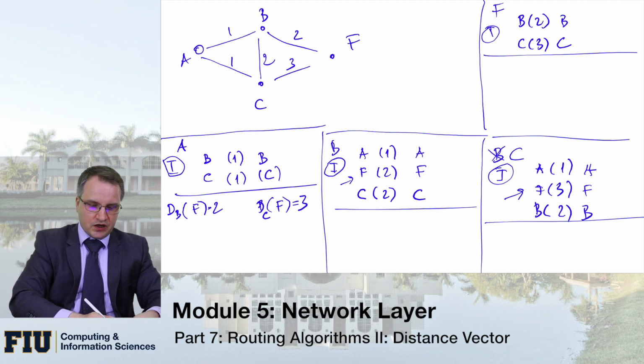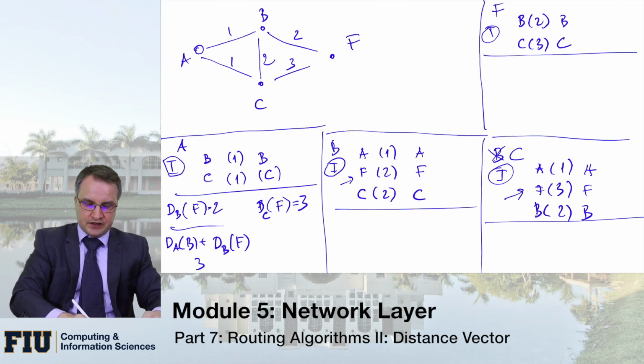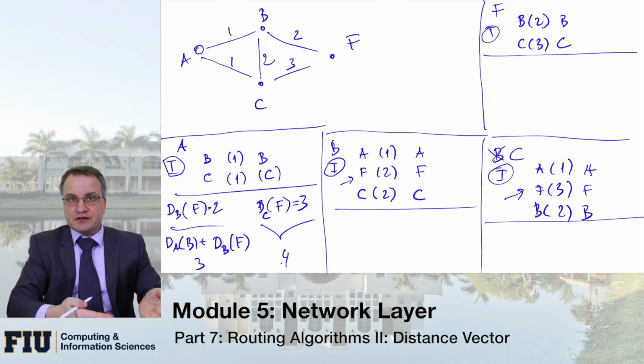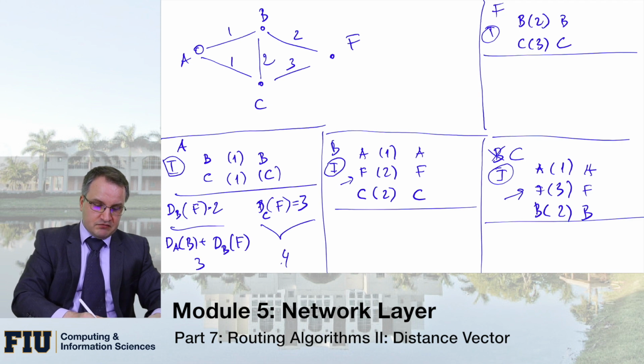So from the perspective of A, the cost to B, 1, plus the cost from B to F, 2, gives 3. If I recalculate the same thing through C, it would be 1 plus 3, which is 4. And in this case, 3 is obviously less than 4, so we pick B as the next hop to F.